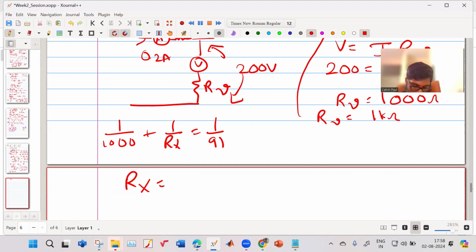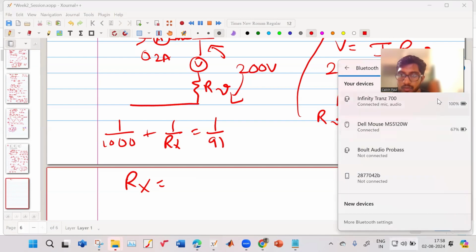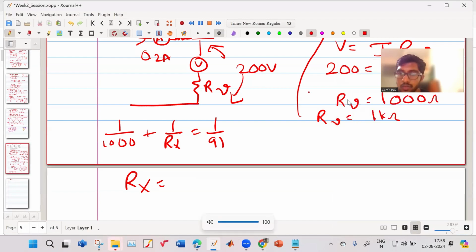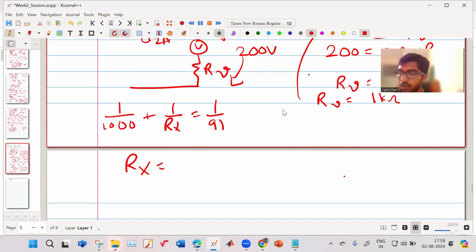Someone said 83.40 for Rx. No, that is wrong.